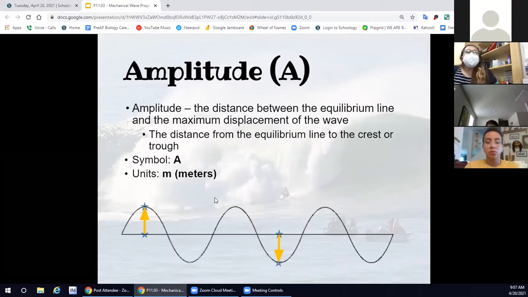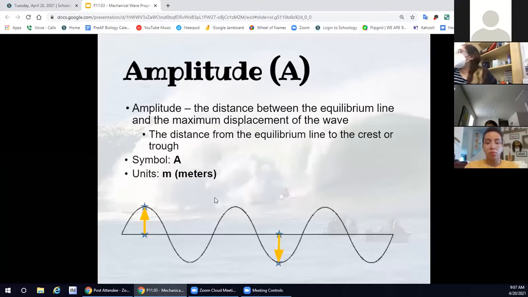So amplitude is basically the height of the wave, except it's not measured from crest to trough. It's measured from the equilibrium line to the crest or from the equilibrium line to the trough. So this is amplitude. Again, it's the height. It's the maximum displacement of a wave. We do measure amplitude in meters.